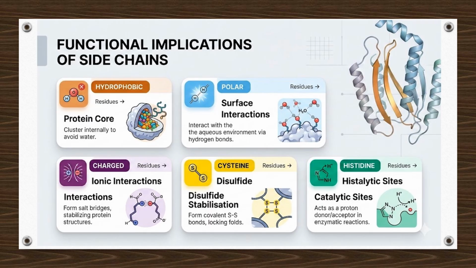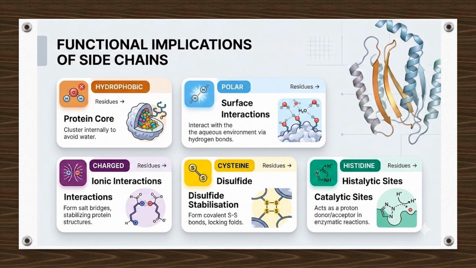Polar side chains add hydrogen bonding capacity. Serine, threonine, asparagine, and glutamine stabilize structure and active sites, while tyrosine and tryptophan bridge hydrophobic interiors with aqueous surfaces, thanks to their dual hydrophobic and hydrogen bonding nature.